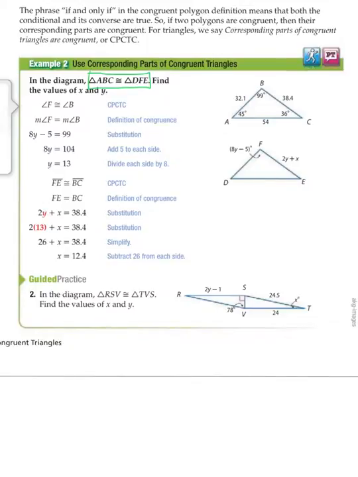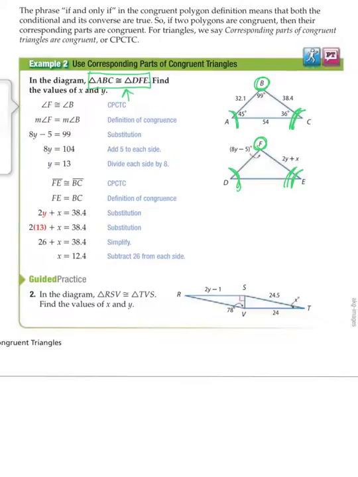So I know that A matches with D because they're mentioned first in the congruent statement. And then my B up here, I know corresponds to F. And then angle C over here is going to correspond to E. Not because of the way it's drawn, but because of the way it's stated in the congruent statement.